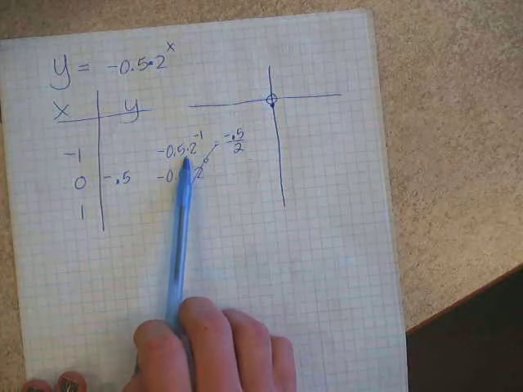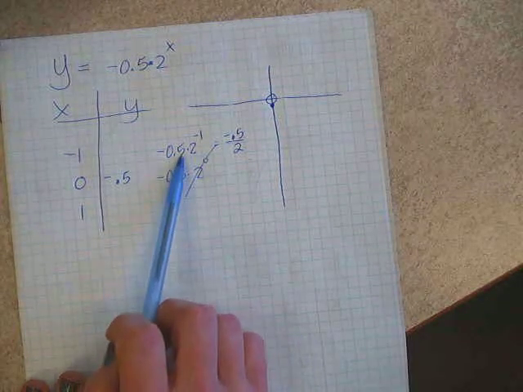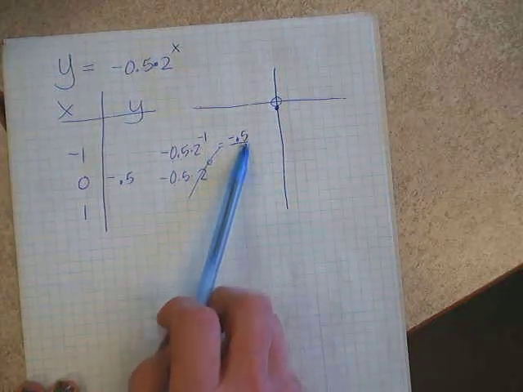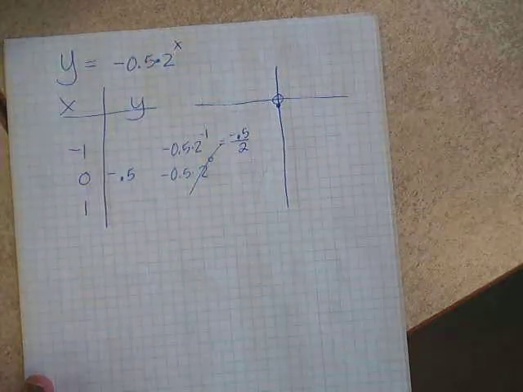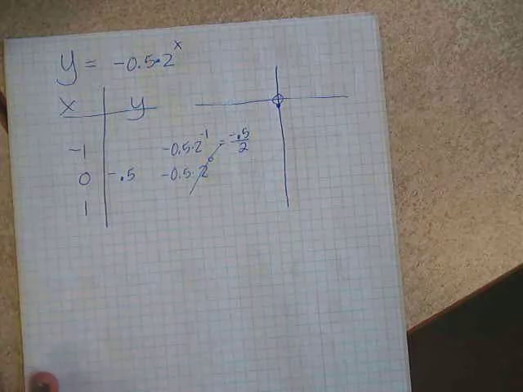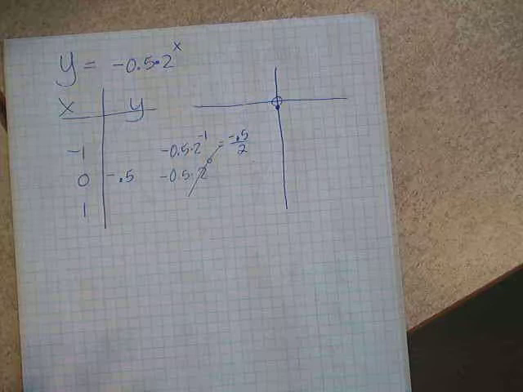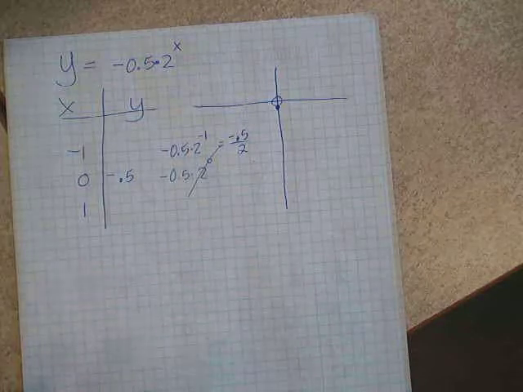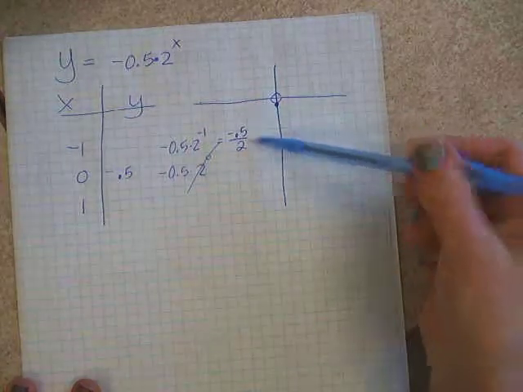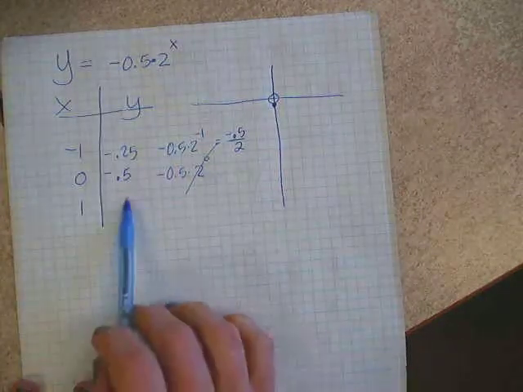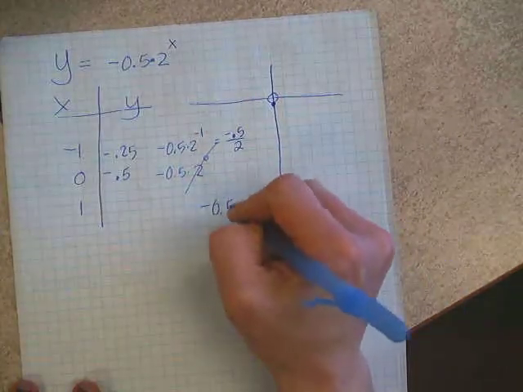Like I said, if you have a decimal, then you could either change this to a half, and then when you move that 2 down, it's going to be 2 2s on the bottom. But if it's a decimal, your final answer is going to be negative because you're taking negative 0.5 divided by 2.